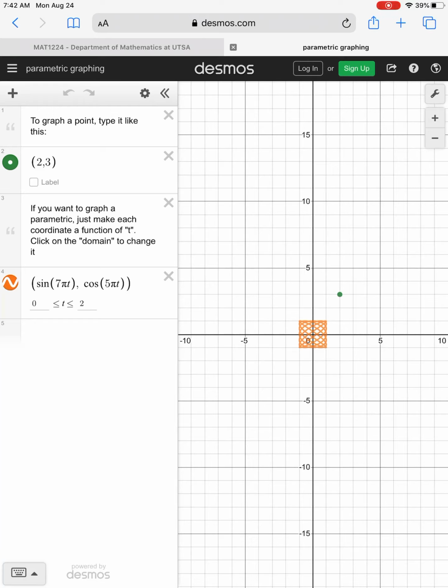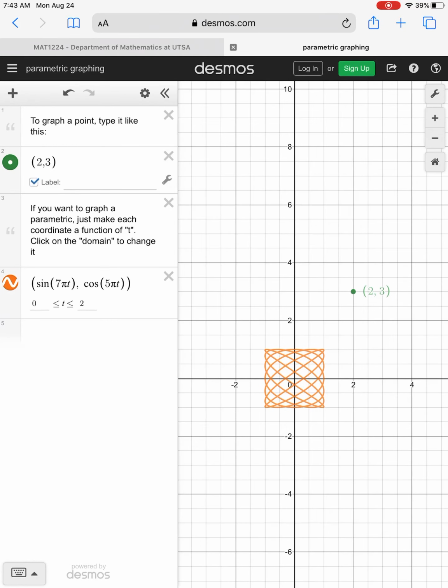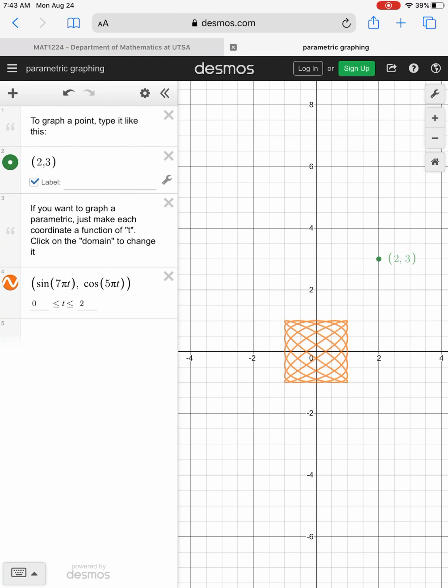And so to illustrate how this works, let's say that we can plot individual points. So it shows us here how to plot a point 2, 3, which of course is shown in green here in our plane. And then we might want to plot some parametric equation or parametric curve.